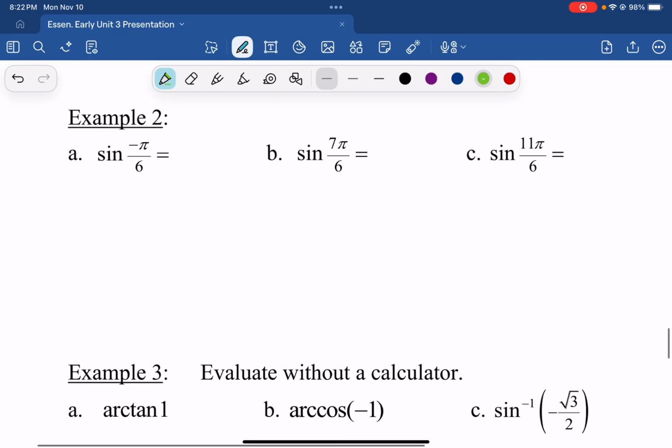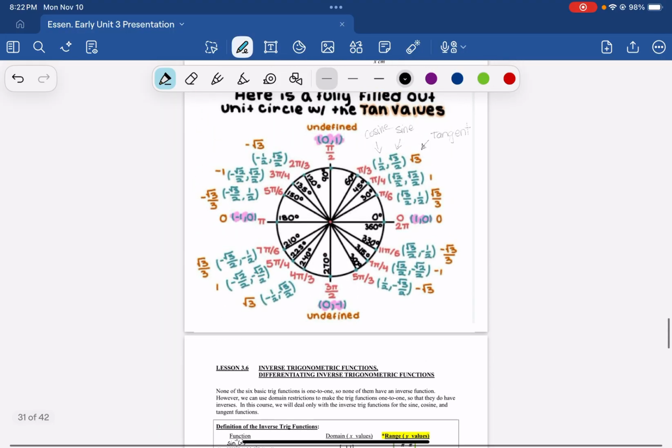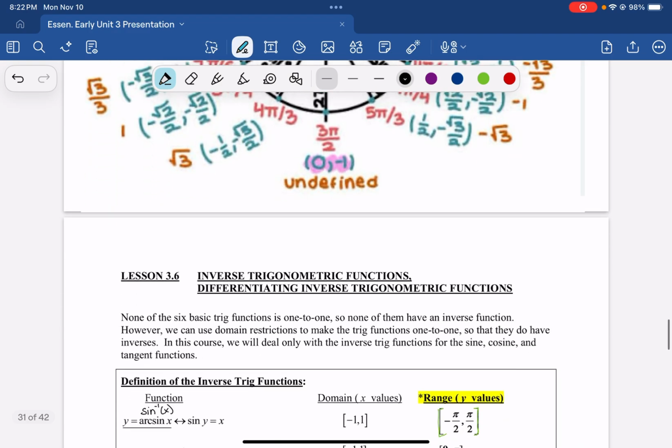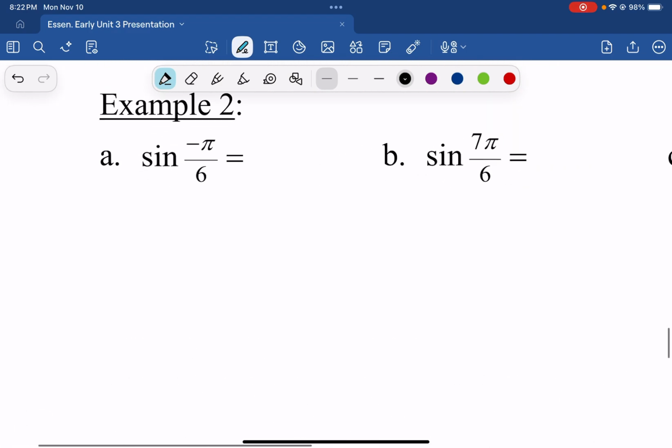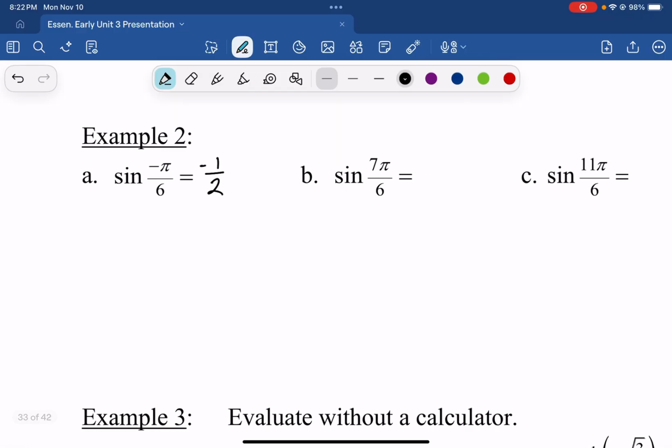Example 2: I've got sine of negative pi sixths. Negative pi sixths is the same thing as 11 pi sixths, so our sine is going to be negative 1/2. Sine of 7 pi sixths is one pi sixth more than pi, so negative 1/2 also.